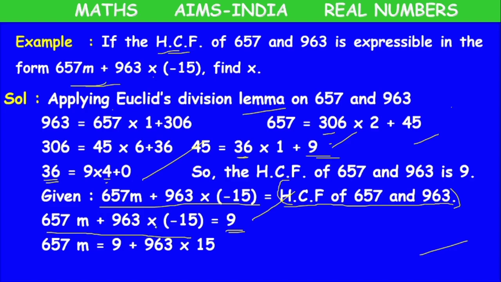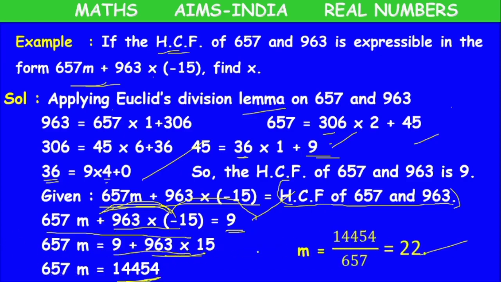So then what happens? This minus will become plus, it will become minus. This value will go that side, it will become plus. So after multiplication and adding, right hand side, the value will become this one. If I want to find M, this 657 will come this side. We have to divide both and the answer is 22.